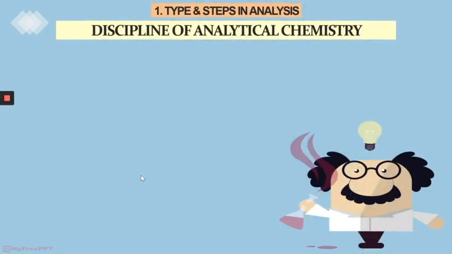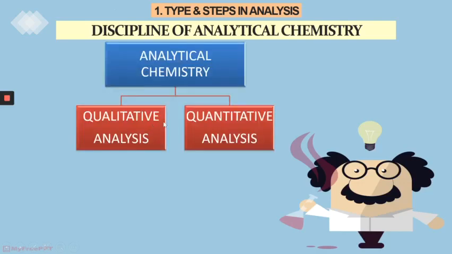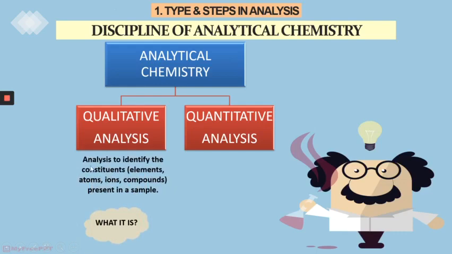Look at the types and steps in analysis. Firstly, look at the discipline of analytical chemistry. In analytical chemistry, there are two analyses: one is qualitative analysis and the other one is quantitative analysis. What is qualitative analysis?